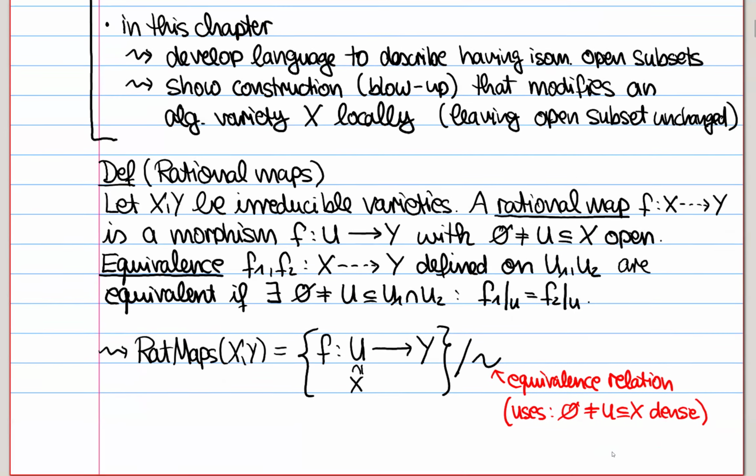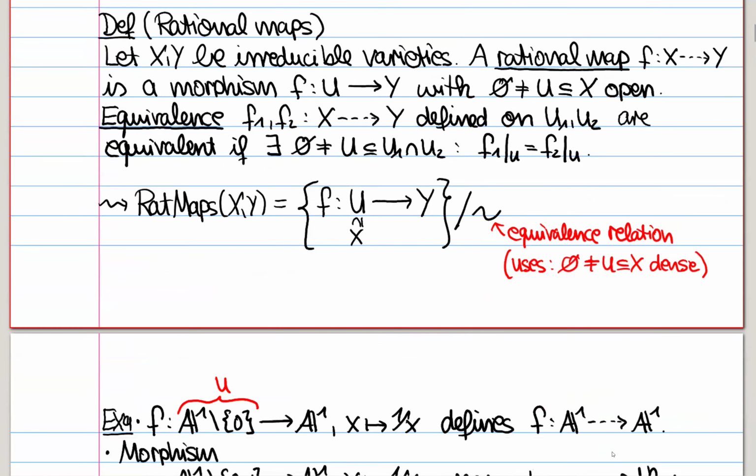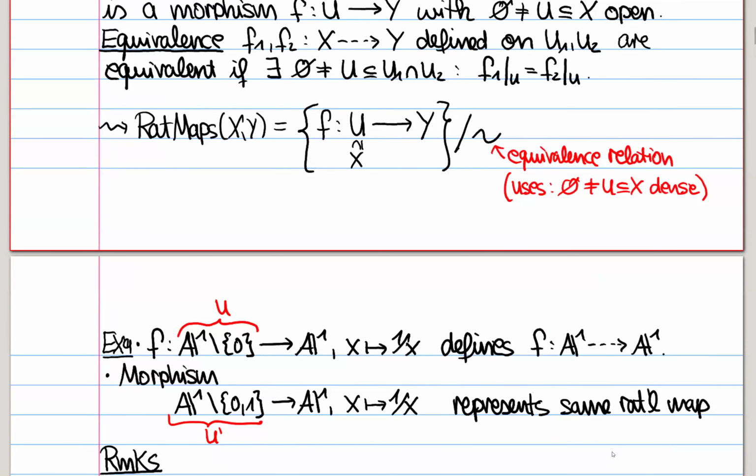Okay. And so here is a small example. Here X and Y are both A1, and inside A1, you have the open subset where you remove the origin. Once you do this, you have a morphism to A1, which sends x to 1/x, because this is a regular function here.